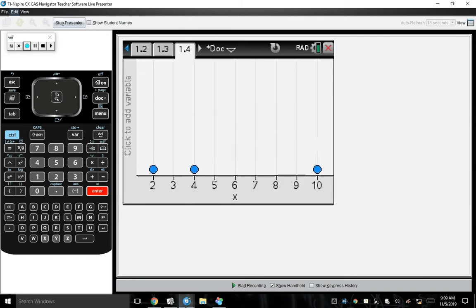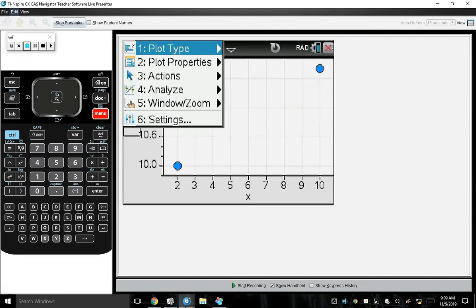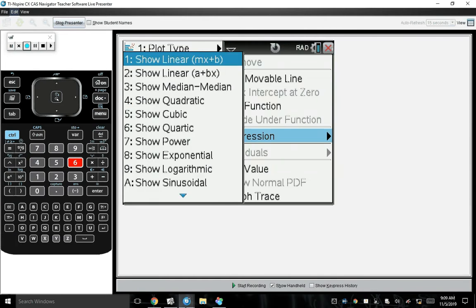We're going to change this variable over here to what? Y. And it will graph out, and you can see that it looks like a quadratic already. From here we're going to do menu, what? 4. Menu, analyze, 6, the regression, and guess which one we're doing? Quadratic. So we're going to press 4.